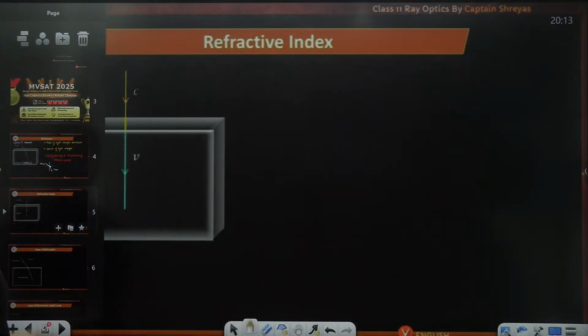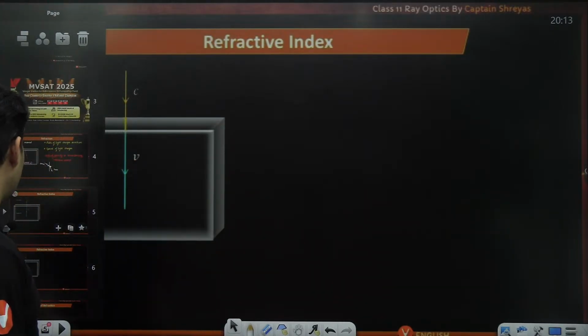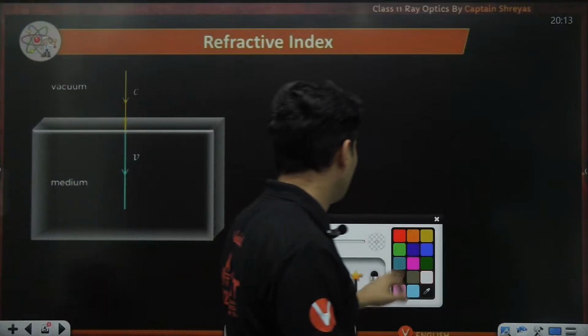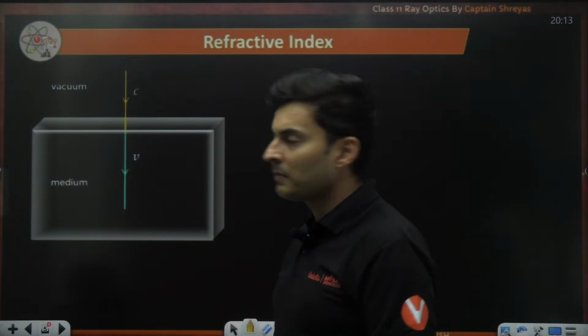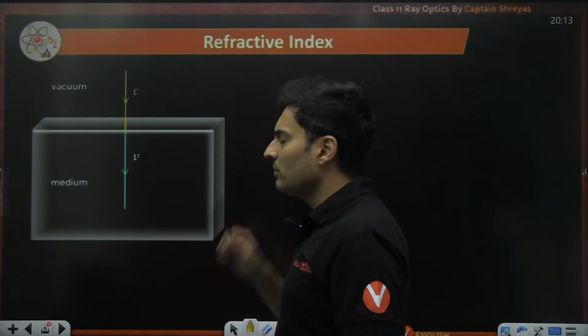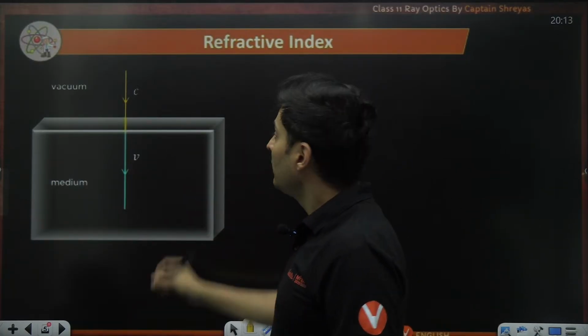Okay. Now, having said that, let us also talk about something called the refractive index concept, and then we will go to the laws of refraction. So this is vacuum, this is some medium. The speed is c here, and the speed is v in the medium.